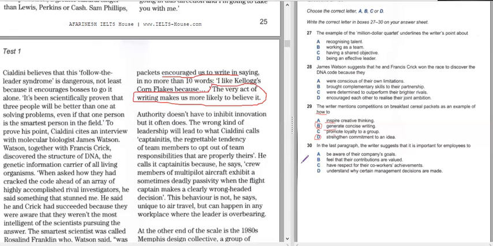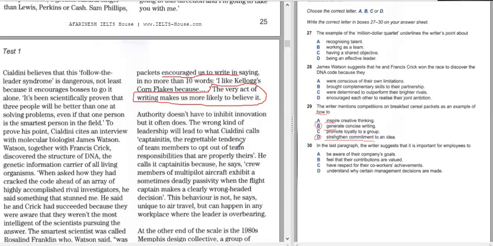Okay. The very act of writing makes us more likely to believe it. Strengthen commitment to an idea.